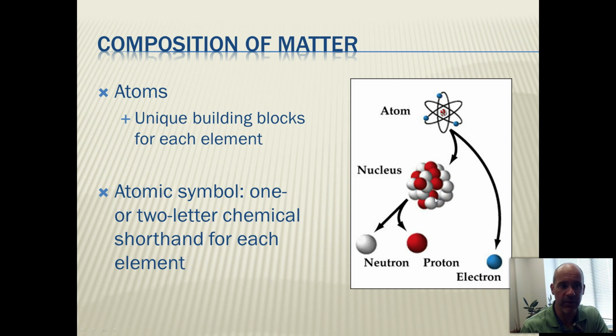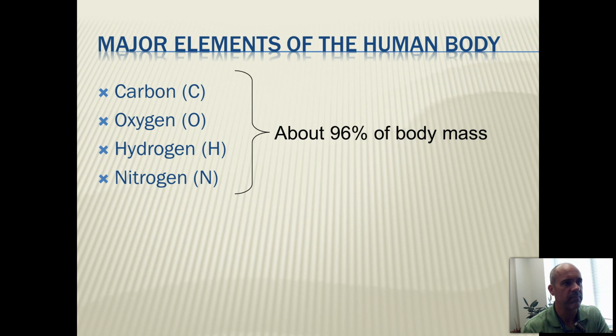Same thing with neutrons, same thing with electrons. The thing that makes each kind of atom unique for a particular element is the number of those that you have within that atom. So all these differences we see as far as different properties of things out there in the world really just boil down to those little tiny particles that make up those atoms.